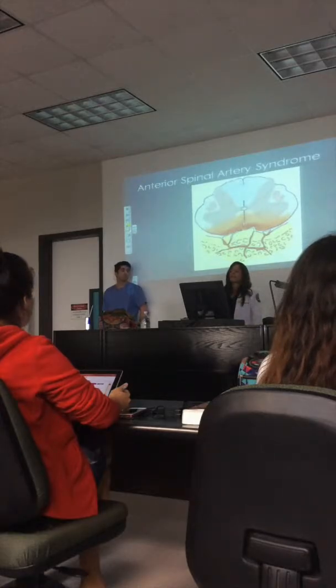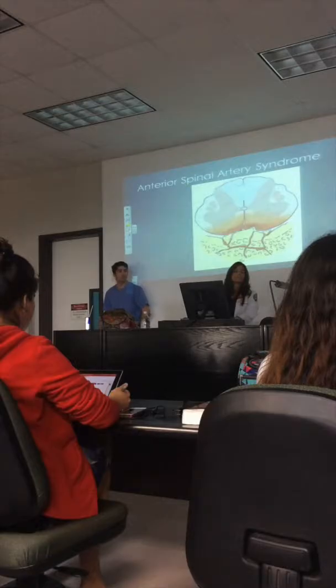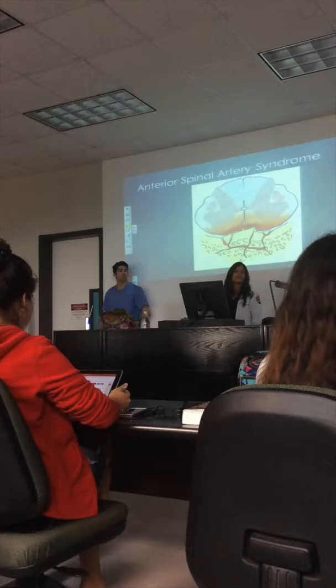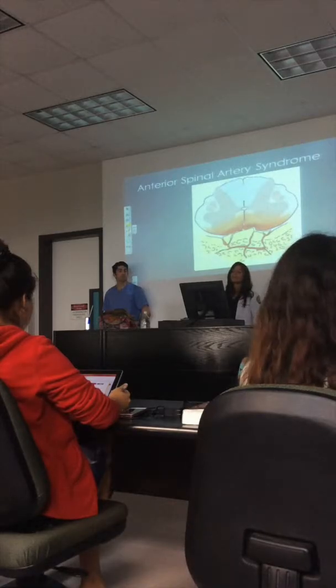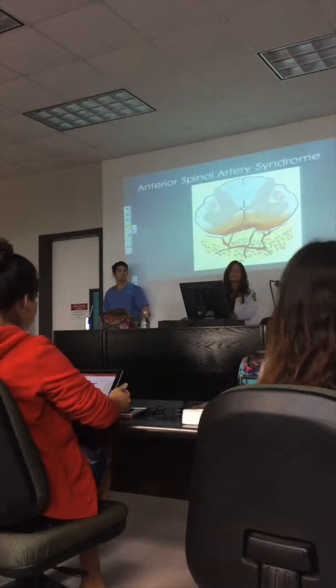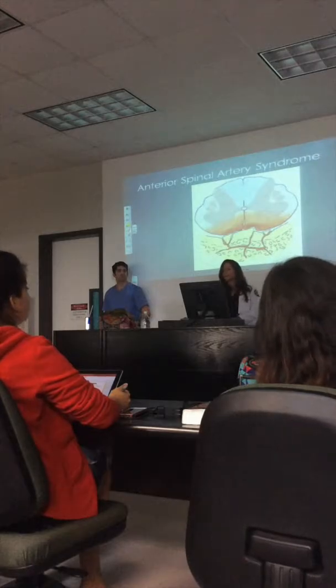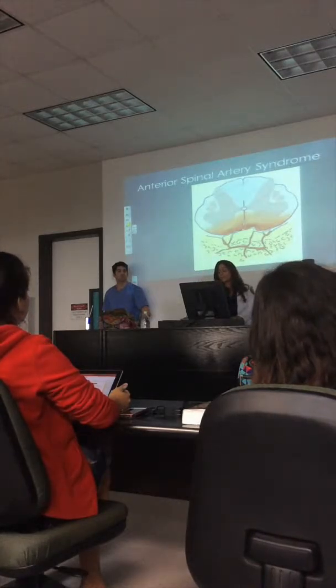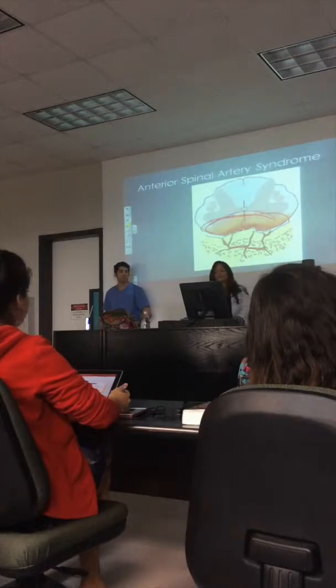Remember when I explained this really quick? It's just infarction, occlusion of the anterior spinal artery, right? Which supplies 2/3 of the spinal cord. So, as you can see here, just starting with the picture, these are the areas that are going to be damaged.